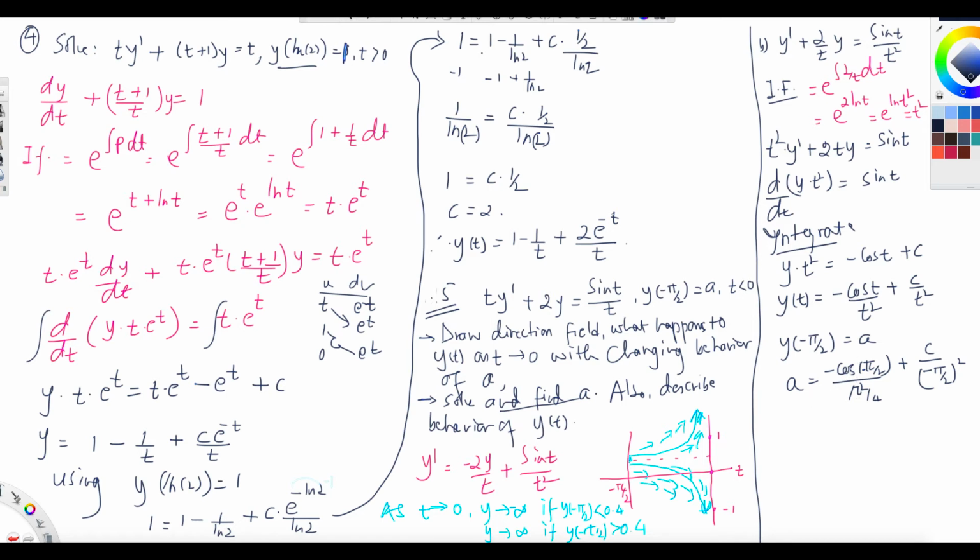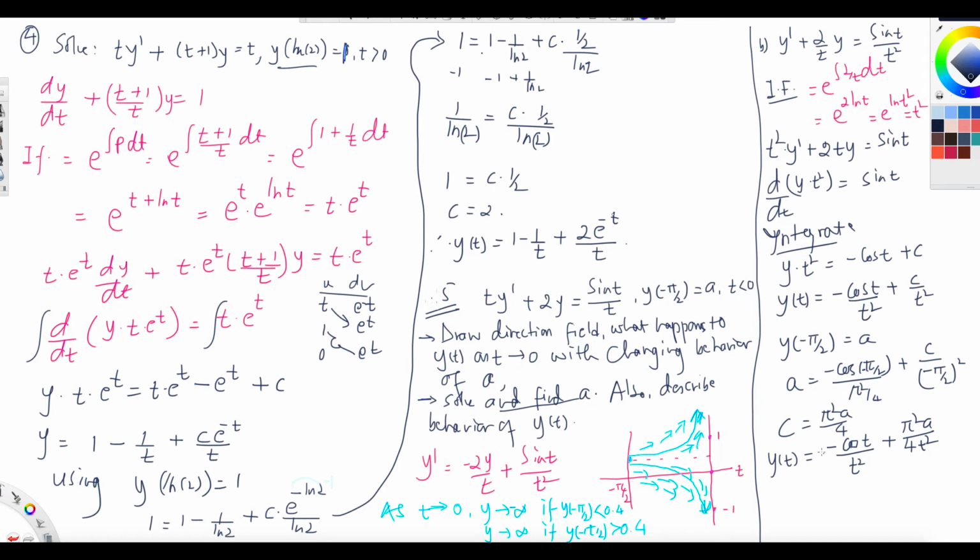What is the value of cosine of negative pi over 2? It is 0. So what you get is c equals pi square a over 4. So what is the solution then? Your final solution looks like y of t equals negative cosine of t over t square, plus pi square a over 4t square. That's what you get.